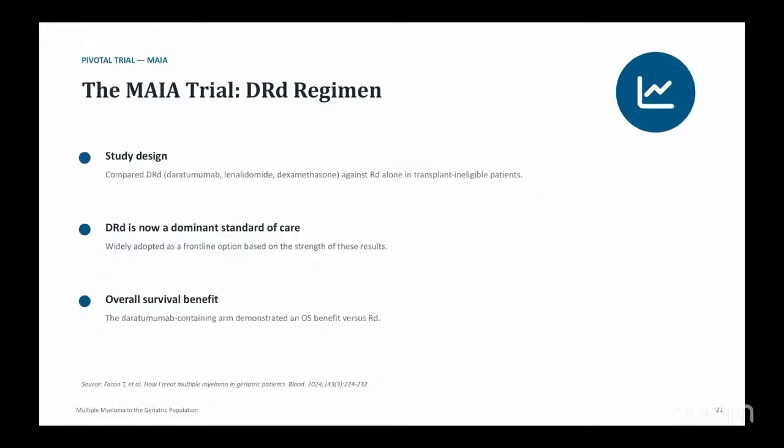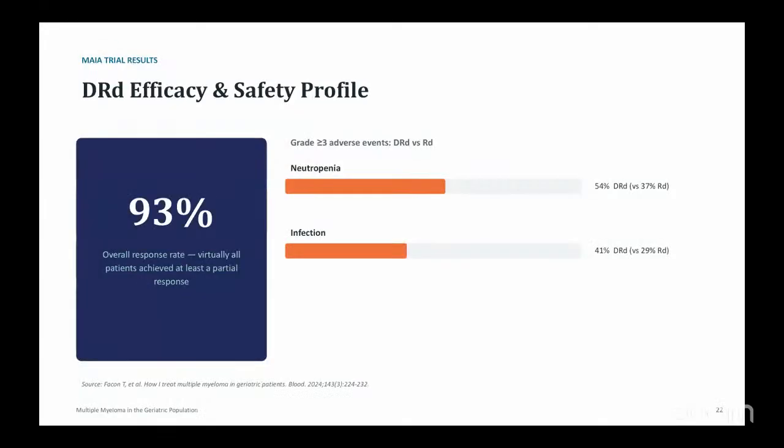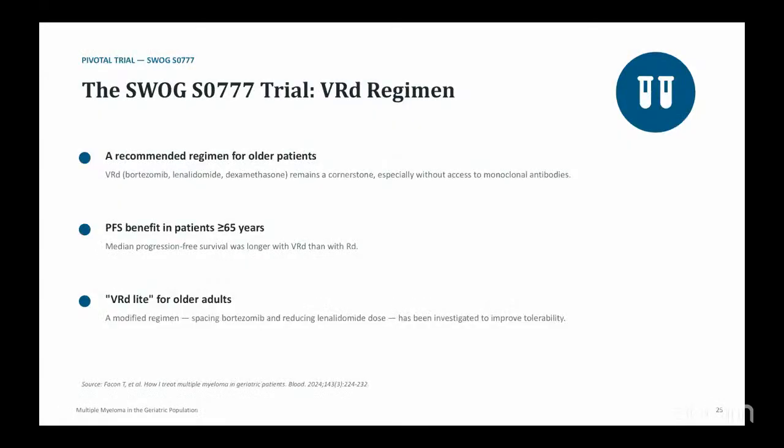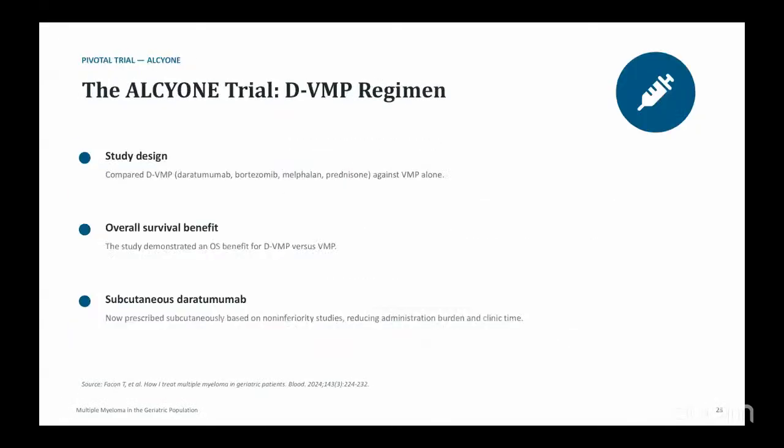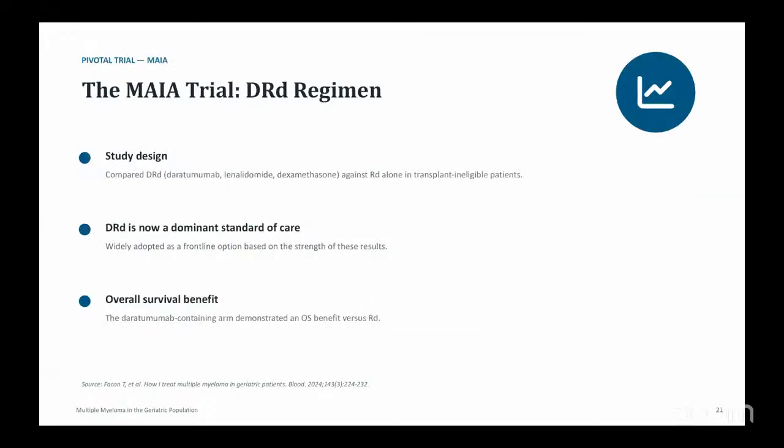Now, there have been multiple trials that have experimented with effective medications, including the MAIA trial, the ALCYONE trial, and the SWOG trial. Okay, I'll just briefly go through them.